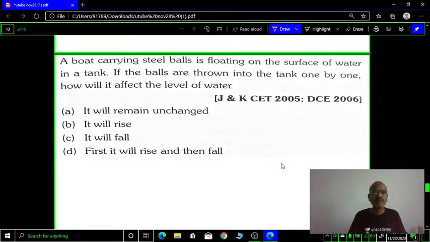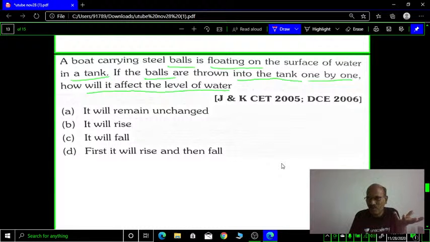Right? And the last one. The boat carrying the steel balls is floating on the surface of water in a tank. If the balls are thrown into the tank one by one, how will it affect the level of the water?